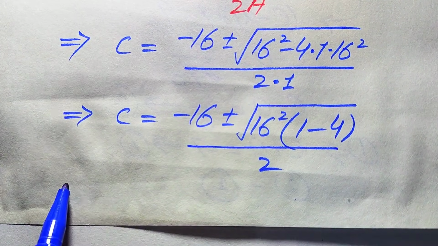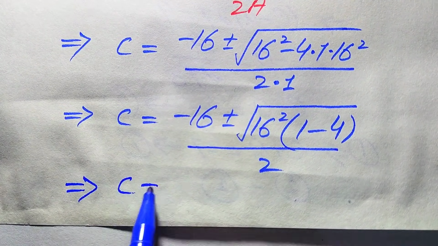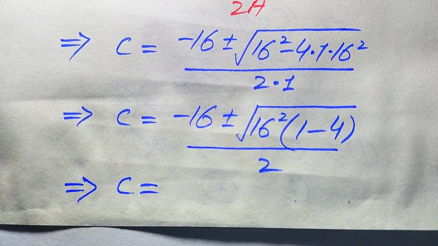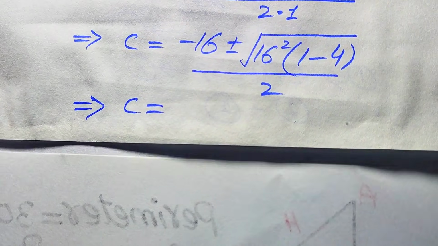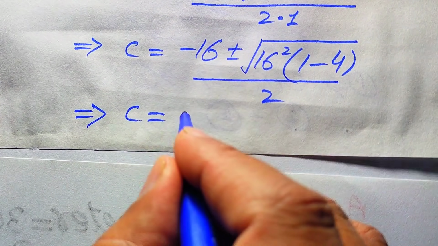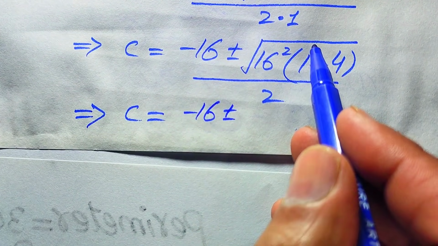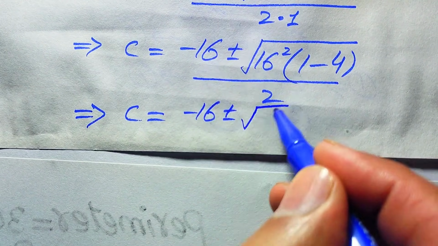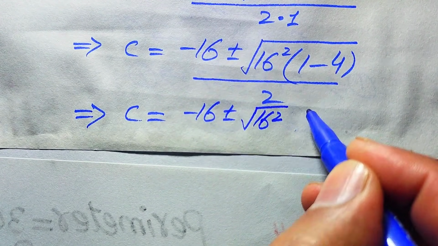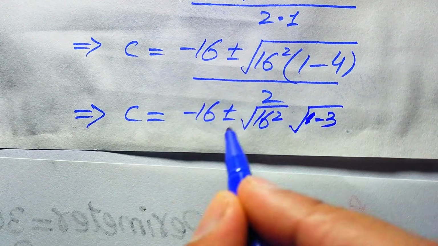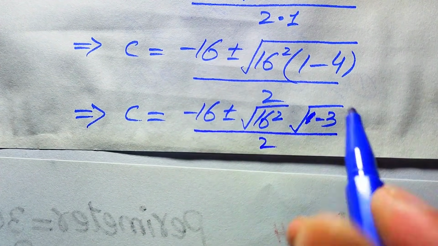And further in the next step, we need more simplifications, and it will be written as minus 16 times plus or minus. Here we apply the square root sign separately on both of these two values, and it will become the square root of 16 squared into the square root of 1 minus 4, which becomes minus 3, and it is divided by 2.